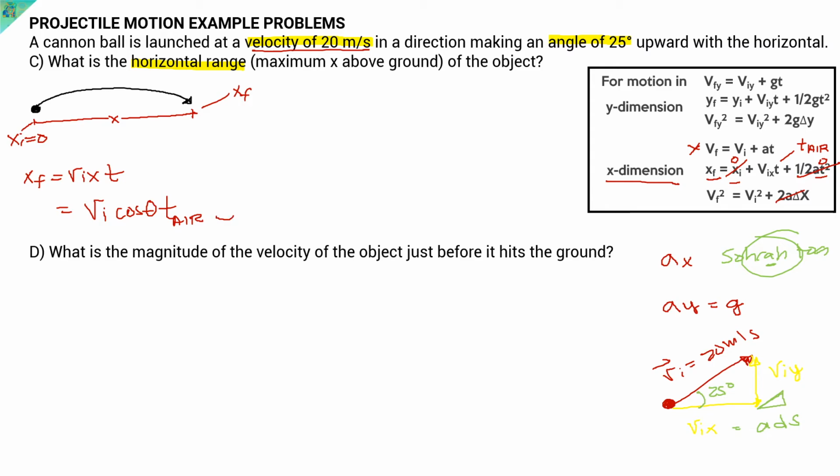Okay, so let's write it down here. VI is 20 meters per second. That's our initial velocity. Cosine 25 degrees. That's the angle here. Multiplied by the time in the air, and we already searched for that earlier, the answer for that is 1.72.